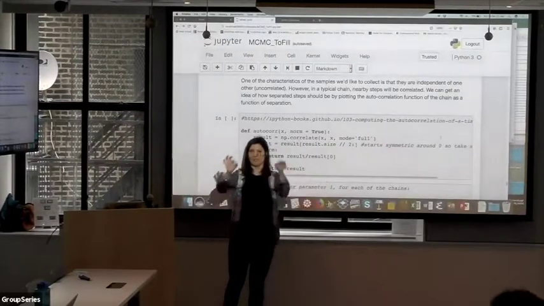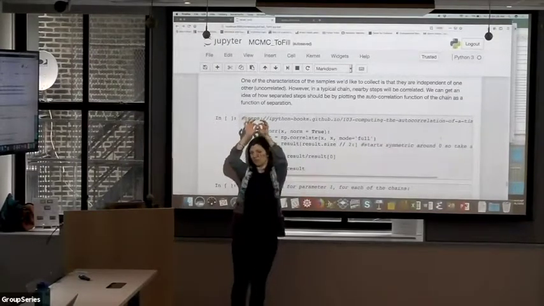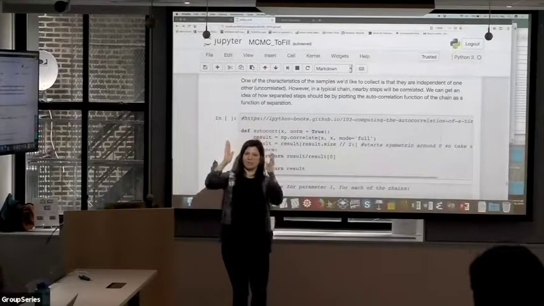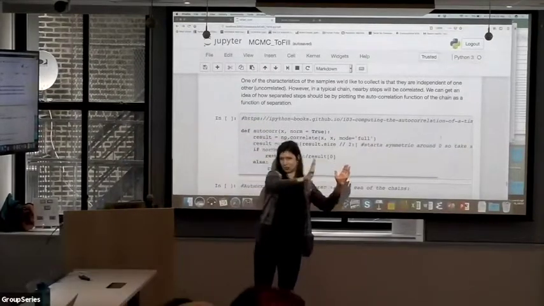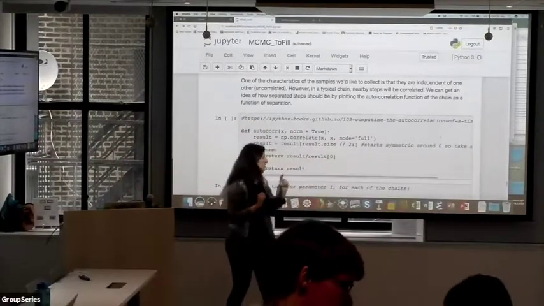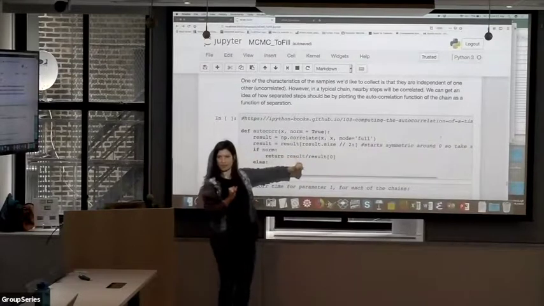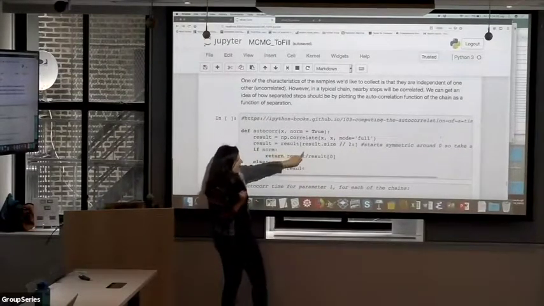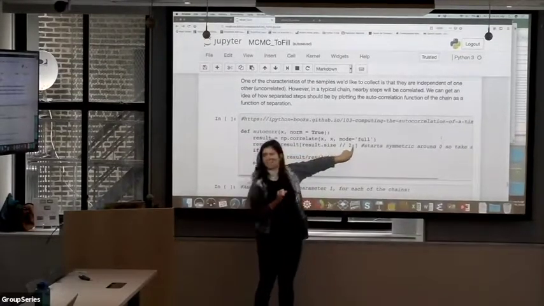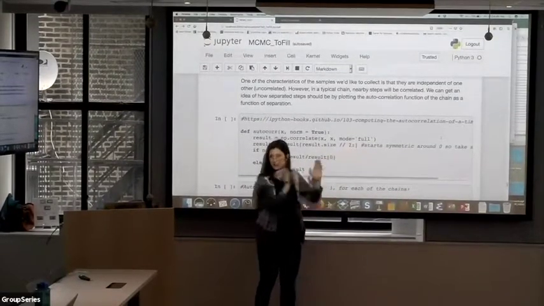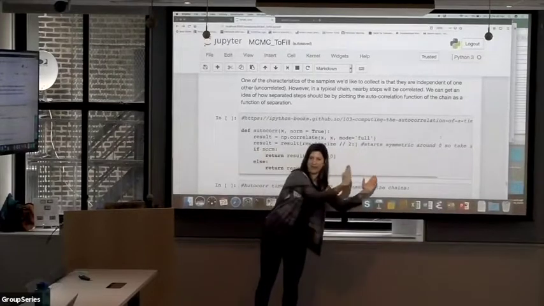At 0 you have the maximum, and you normalize with 1. Because of the way this function works, I have to take the second part of the array, because I want to start at 0 and look at what happens as I shift by a positive amount.